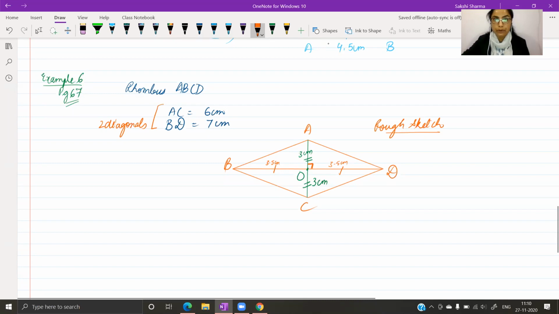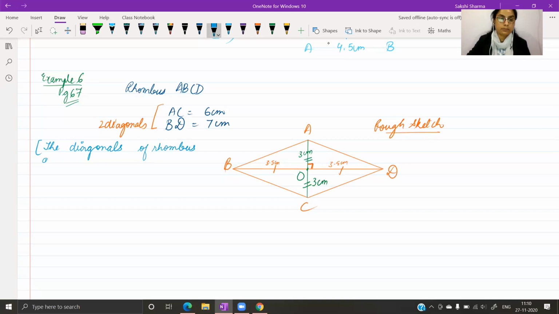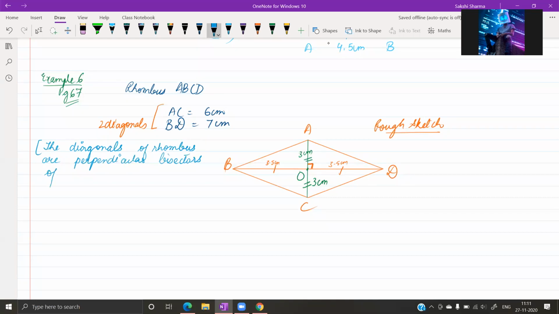You can write down here for your reference because of the property we are using here. Done, ma'am.